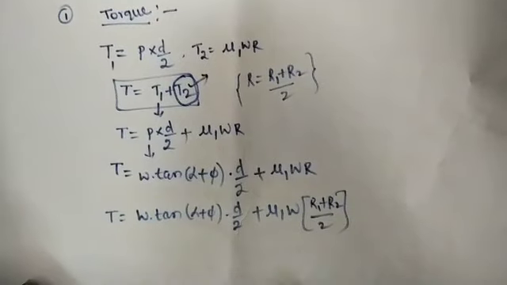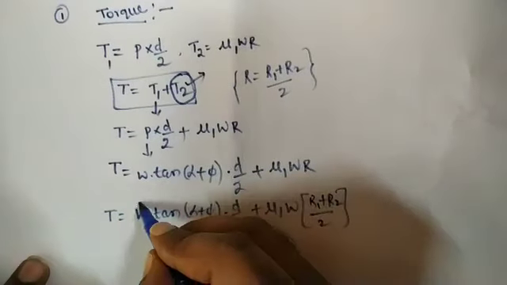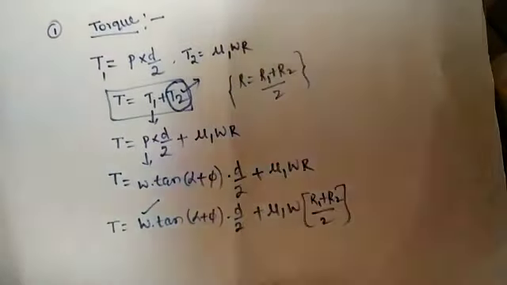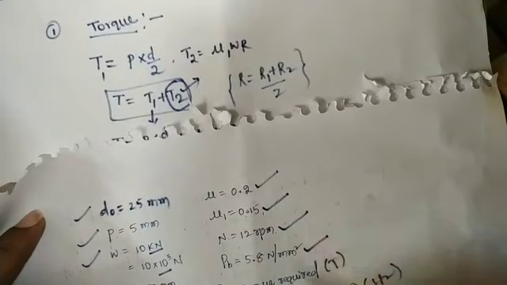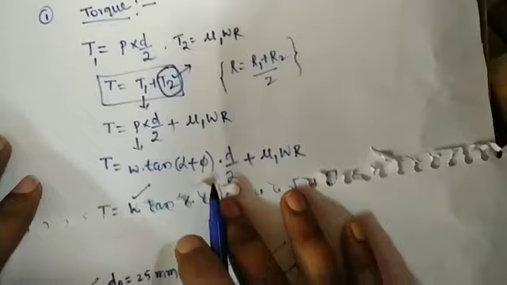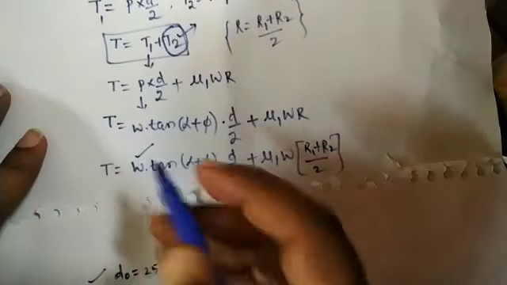This is the final formula of torque. W is given in the question, so this is the known value.